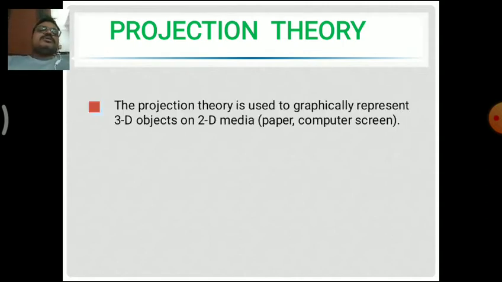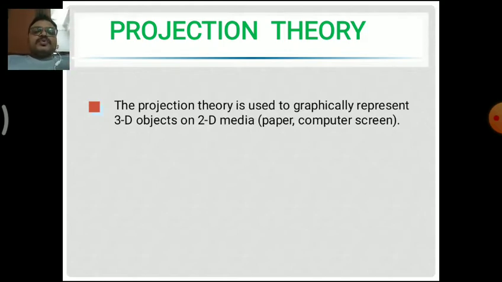First of all we are going to discuss the projection theory. What is a projection and what is the theory behind it? The projection theory is used to graphically represent 3D objects in a 2D media. A 2D media, meaning a paper or a computer screen, shows only one view at a time, that is the front view, top view or side view.